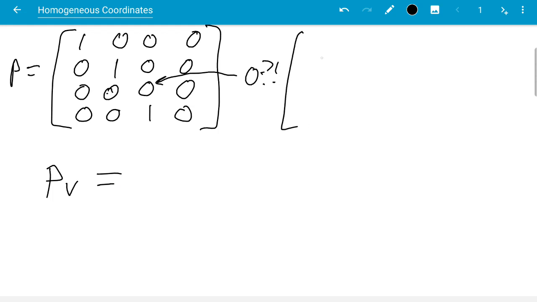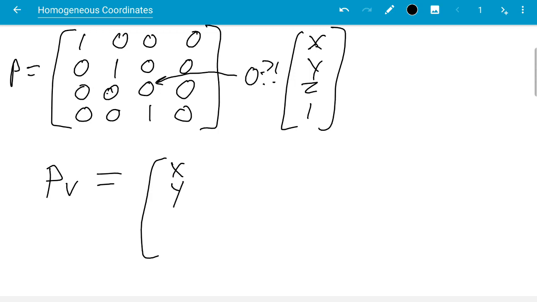So if my vector was something like x, y, z, and I'll just do 1 there. Okay, so multiplying these through, we get a vector x, we get y, in this row everything cancels out, so we end up with 0 for our z-coordinate.